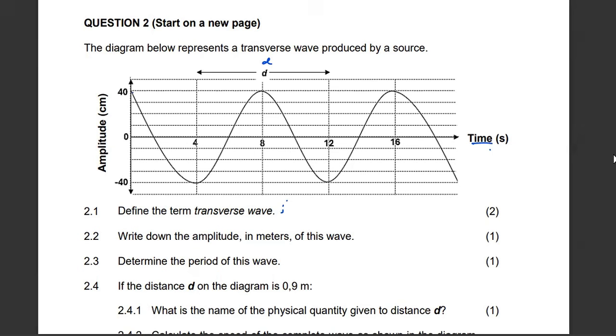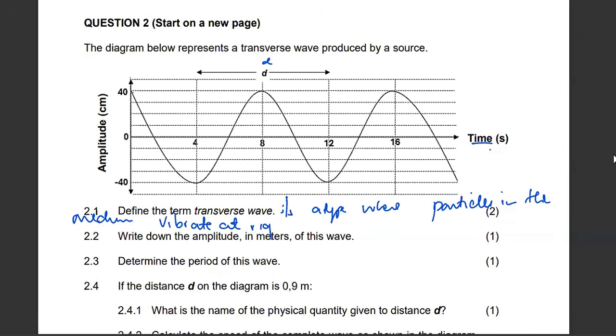So we know that a transverse wave is a type of wave in which the particles in the medium will vibrate perpendicularly, or we can say at right angles to the direction of propagation, to the direction of motion or direction of propagation.